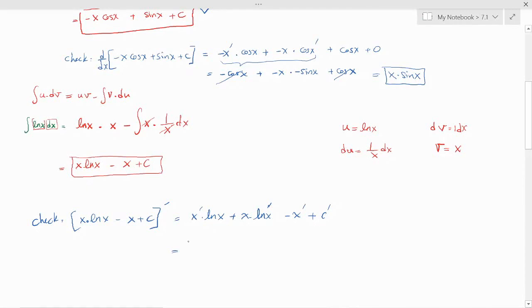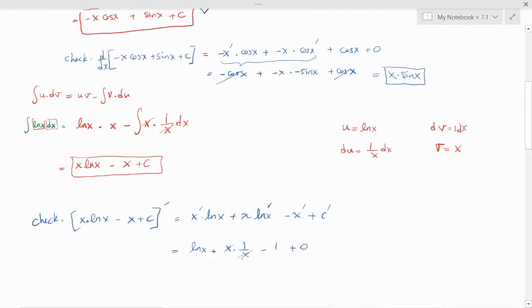I could have answered those, but I wanted to do everything in one step. The derivative of x would be simply 1, so we have 1 times ln x, plus the derivative of ln x is 1 over x, so we have x times 1 over x, and minus the derivative of x is simply 1, plus the derivative of c, 0.